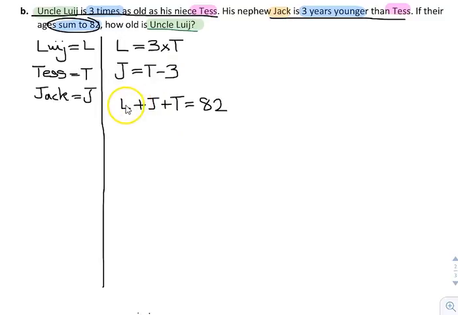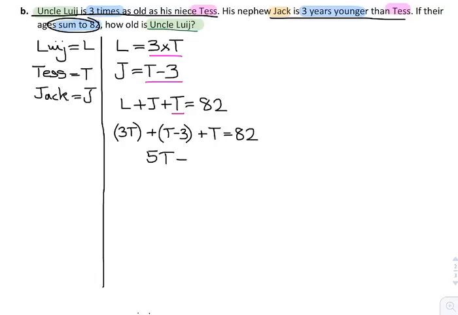So if I substitute in what I know Luigi's age is and what I know Jack's age is for L and J, then I can have an equation which just has Tess in it. So for instance, taking those, we're going to have 3t plus t minus 3 plus t equal to 82.